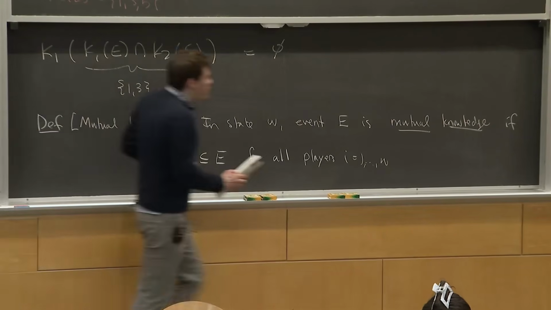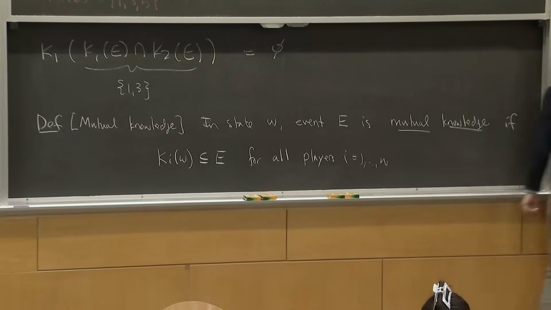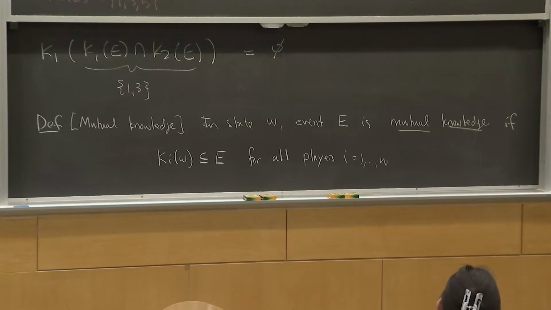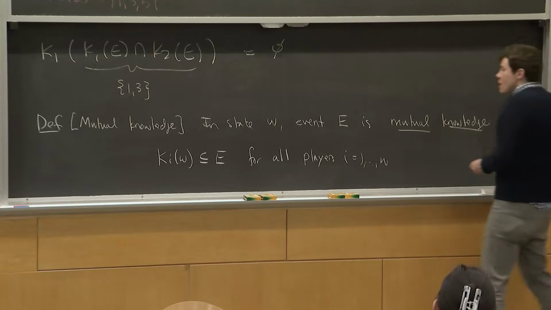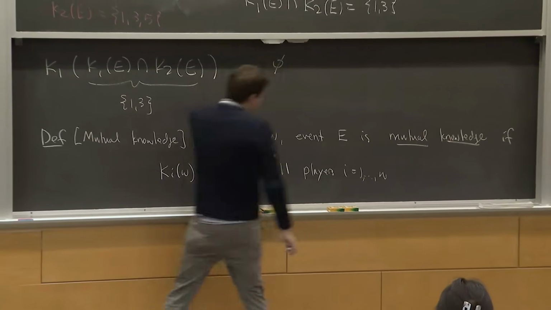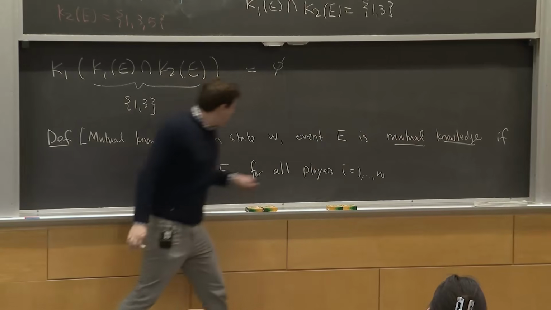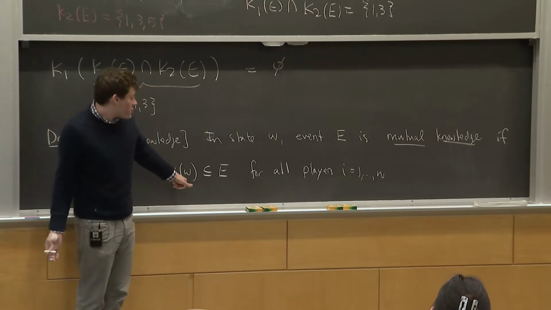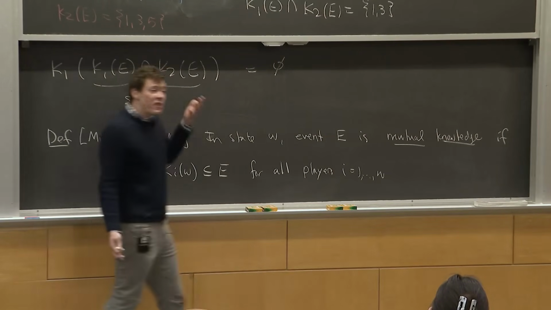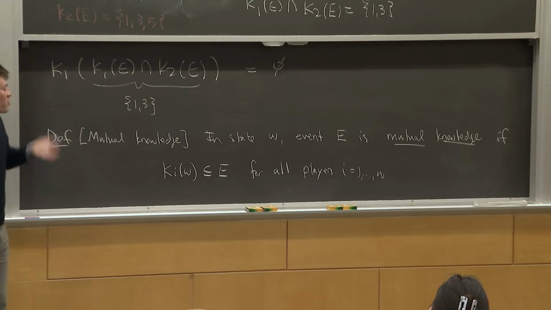And then once we have this definition, we can just naturally define, well, here I've said in a given state, an event is mutual knowledge if everyone knows it. But now we can ask about the event that everyone knows something, or the event that this event is mutual knowledge.